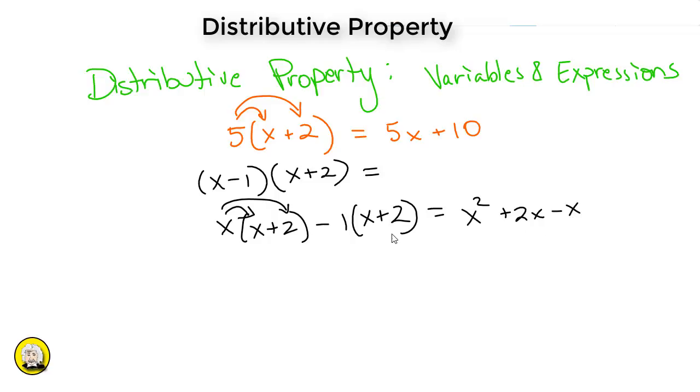We don't need to write the 1 coefficient. And minus 1 times 2 is minus 2. And that works out to, if we consolidate the 2x minus x, which just becomes plus 1x, that's x squared plus x minus 2. And that method is often referred to as the FOIL method.